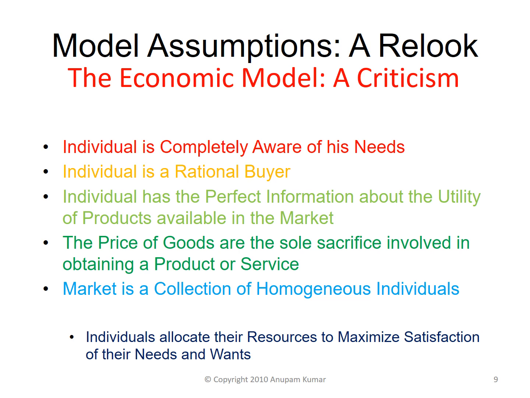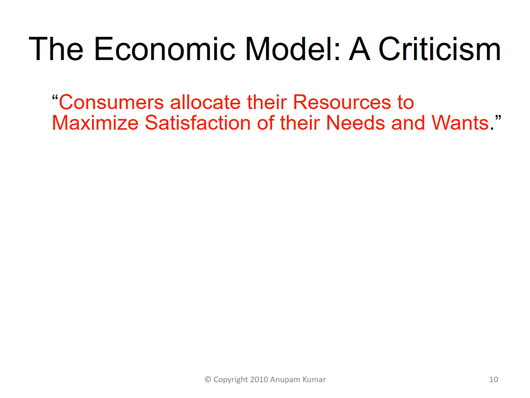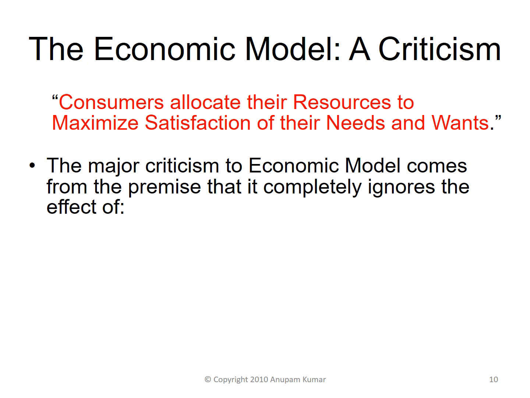And finally, coming to the model itself, that individuals allocate their resources to maximize satisfaction of their needs and wants. At certain places, even this model could be questioned. Apart from questioning the model itself, the major criticism of the economic model comes from the premise that it completely ignores the effect of perception.